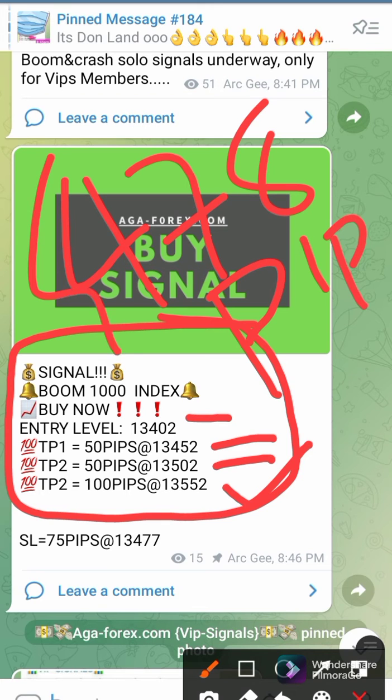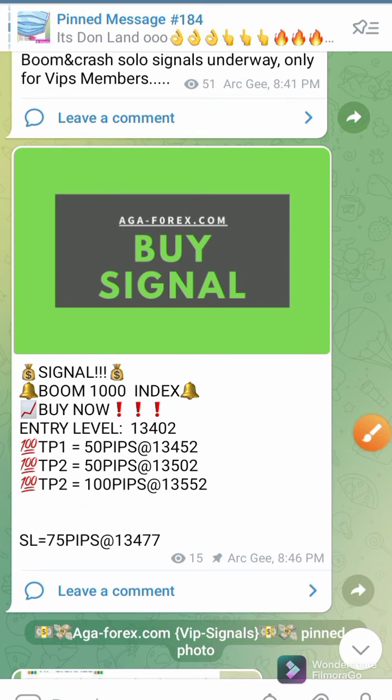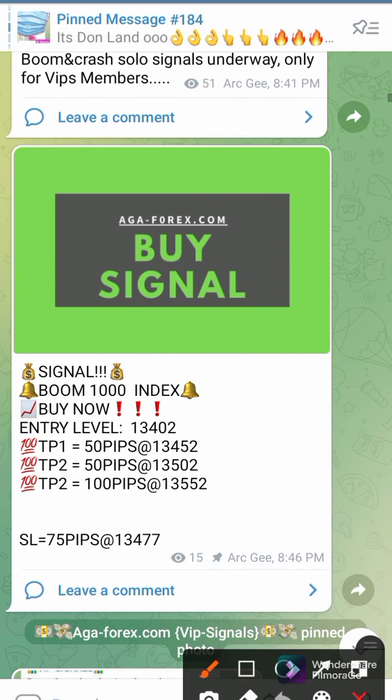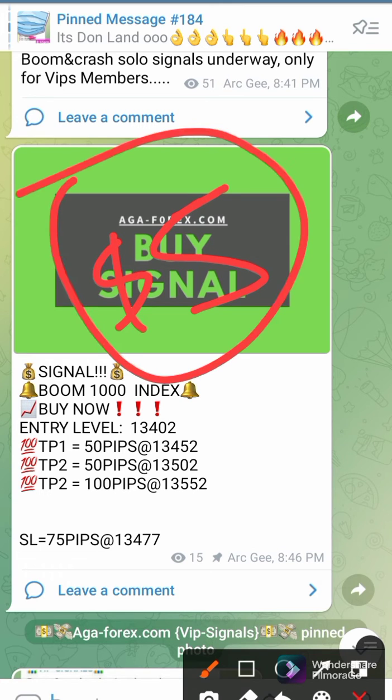And you should know that this signal is not the only signal we took in our VIP group. So assuming you have only a $5 account and you risk 5% of your account. 5% of $5 is $5 divided by 20, which is 0.2.